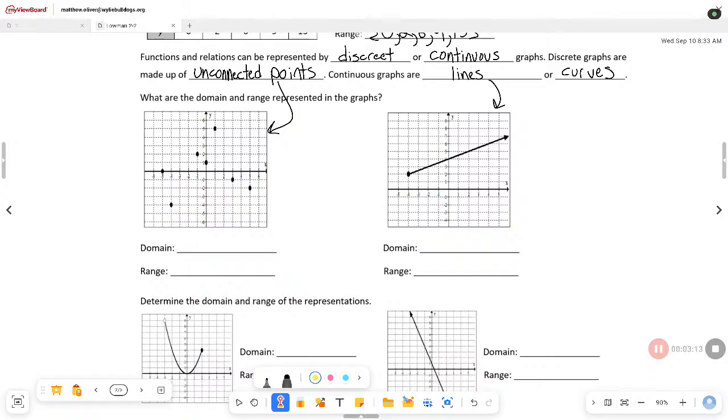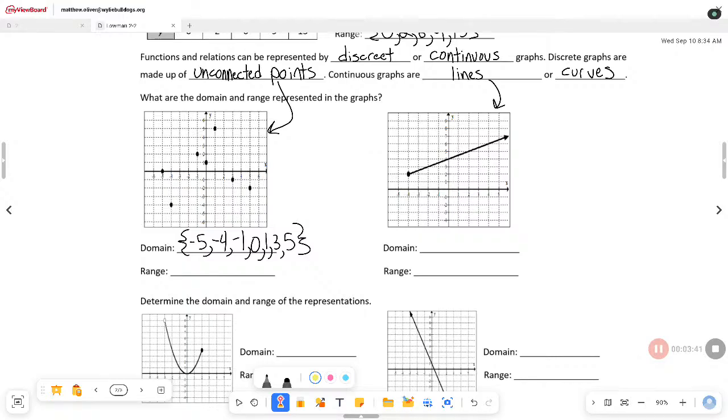So I can look up and down and see, just as I go along, -5, -4, -1, 0, 1, 3, 5. Those are my points. So that would be my full domain there.